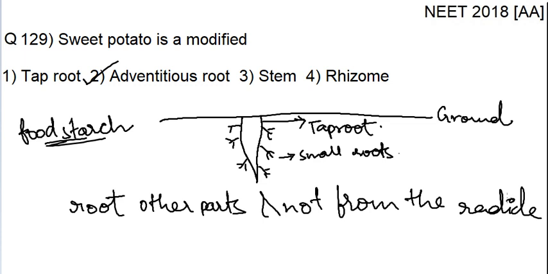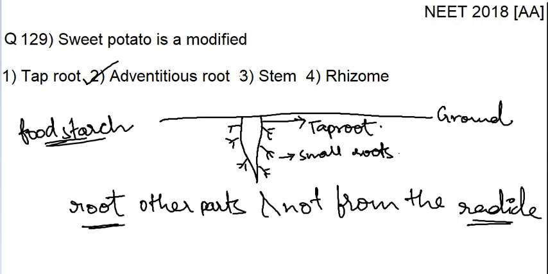But in the adventitious system, the root is not developed from the radicle. The function is the same: it has a bulged root that stores the food, and many small branches arise out of it.